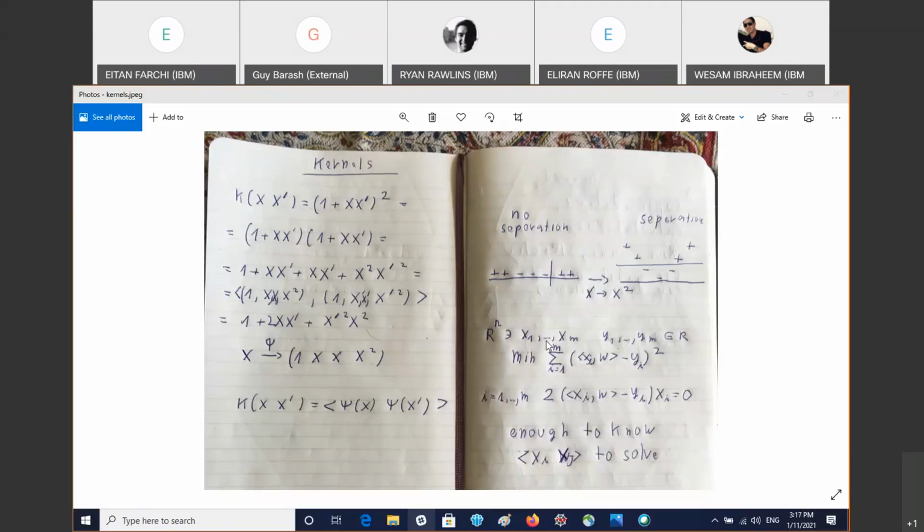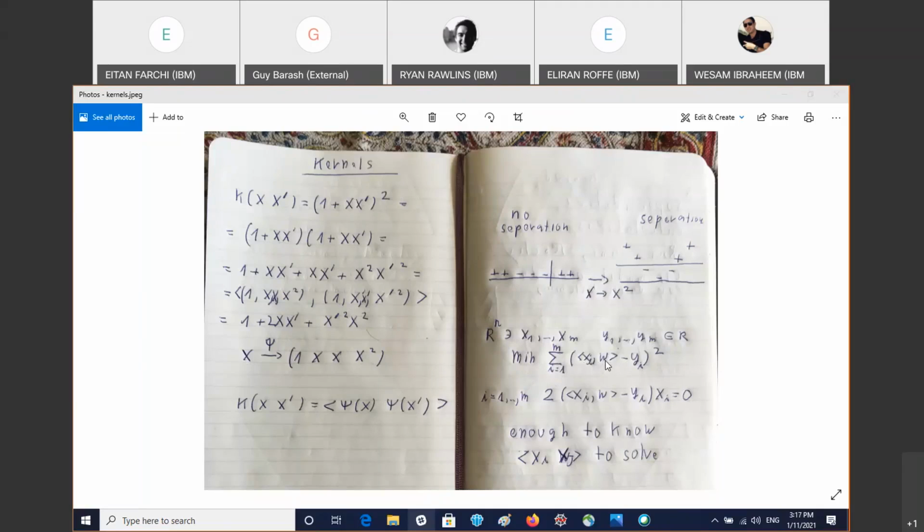So let's see a very simple example of why the scalar multiplication may be enough. If you look at just standard regression, if I have m points in my data set, what I need to do is minimize the following loss function, where I take the scalar multiplication.